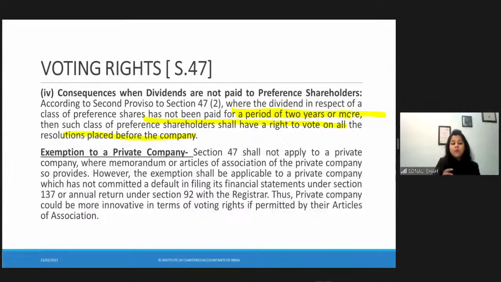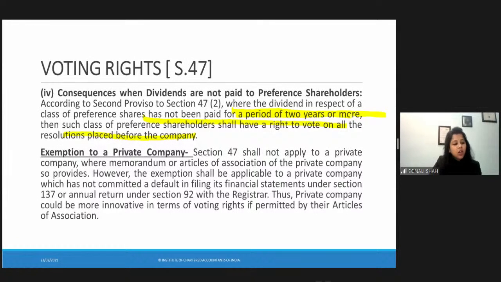Okay, now moving further. Shaurya, how will the resolution be passed? The resolution will be passed depending on whether it has to be passed by simple majority or special majority. If it was by simple majority, it will not be passed.